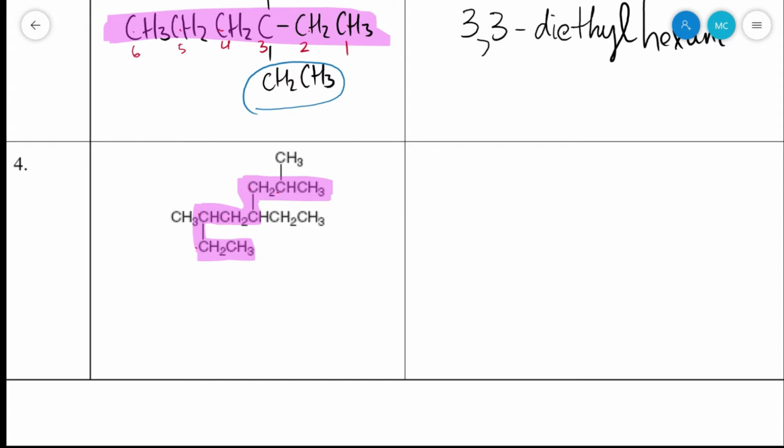So 8 carbons. This will be octane. And the way you label it should be from top to bottom because you'll hit the substituents right away. 2, 3, 4, 5, 6, 7, 8.